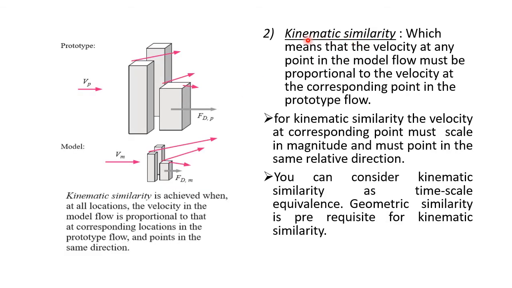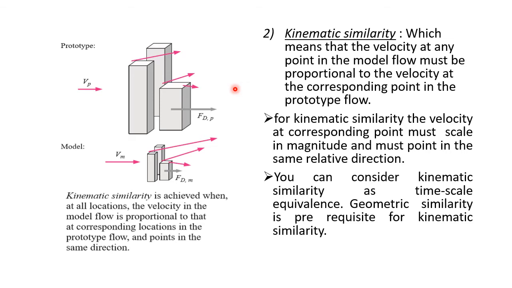Next one is the kinematic similarity, which means that the velocity at any point in the model flow must be proportional to the velocity at the corresponding point in the prototype flow. For kinematic similarity, the velocity at corresponding points must scale in magnitude and must point in the same relative direction.